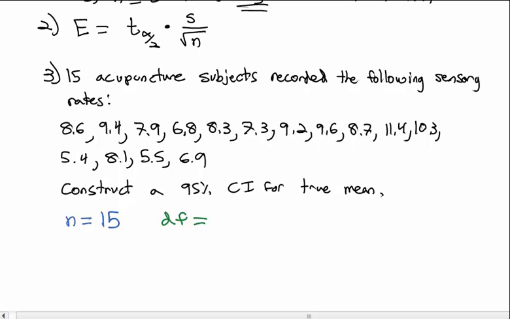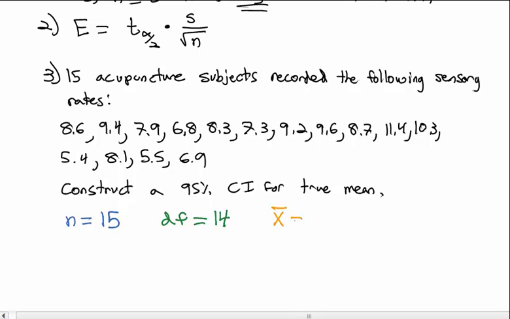So there's 15 data values. The degrees of freedom is 14. In class, if you want to ask why degrees of freedom is one less, we can talk about it in class, but I'm not going to get into it in the video, but feel free to ask in class. For now, degrees of freedom is just one less than the number of data values.